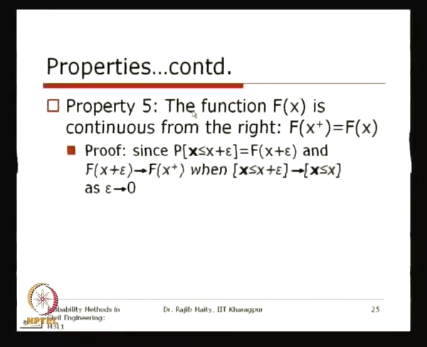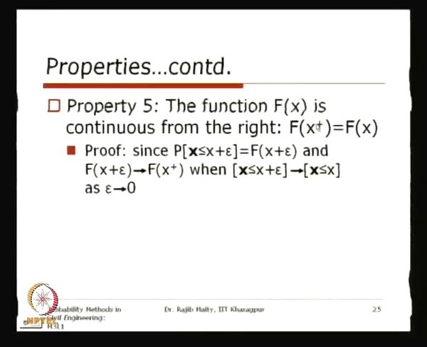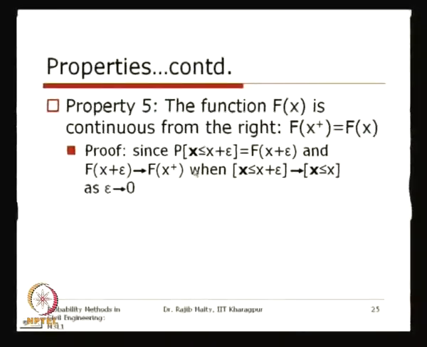The fifth property says the function F(x) is continuous from the right. So, F(x+), that is from the right, is equal to F(x). Proof: since the probability of X less than or equal to x plus ξ, where this ξ is tending to 0, is equal to F(x+ξ), and F(x+ξ) is tending to F(x+) when X is less than or equal to x, as this ξ is tending to 0.